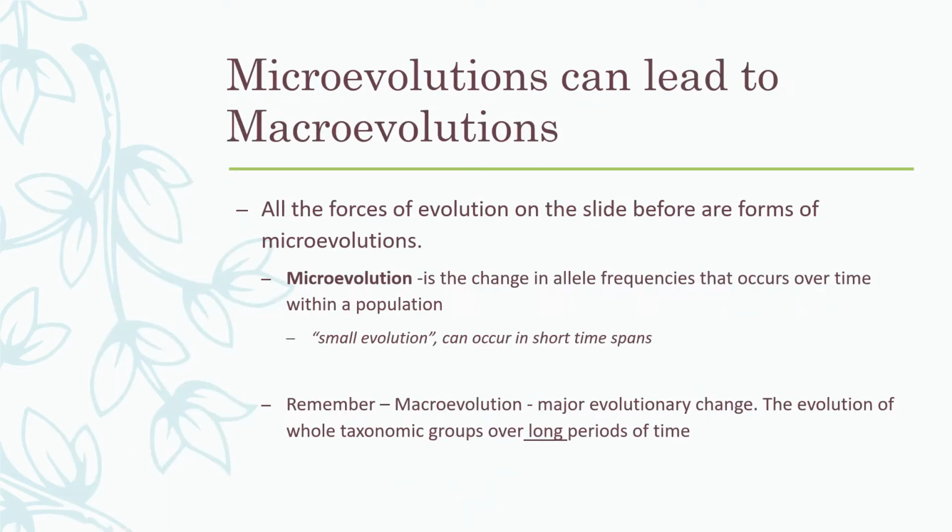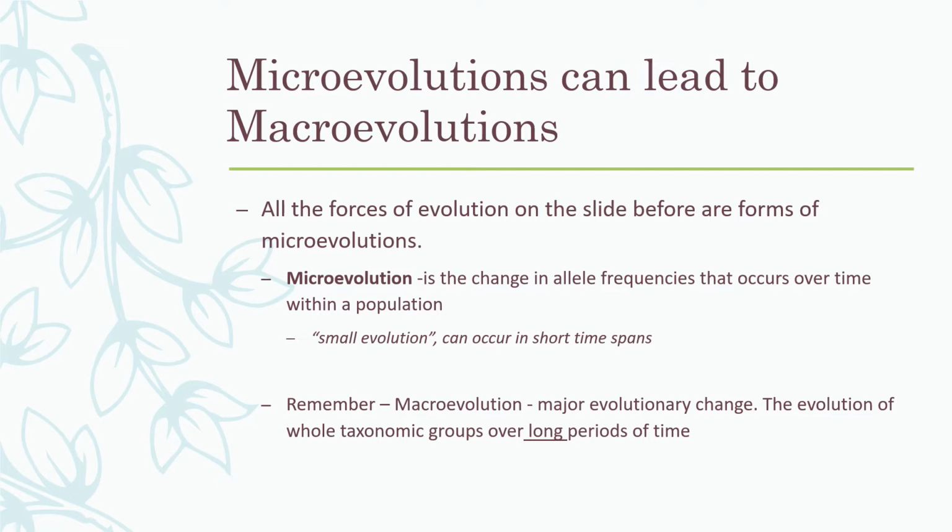So all of the things that we described on the previous slide are forms of microevolution. Think about what the prefix micro means: small, right? So microevolution is the change in allele frequencies that occurs over time within a population.